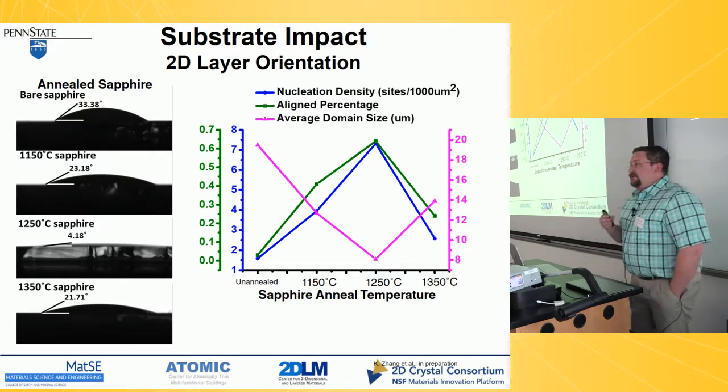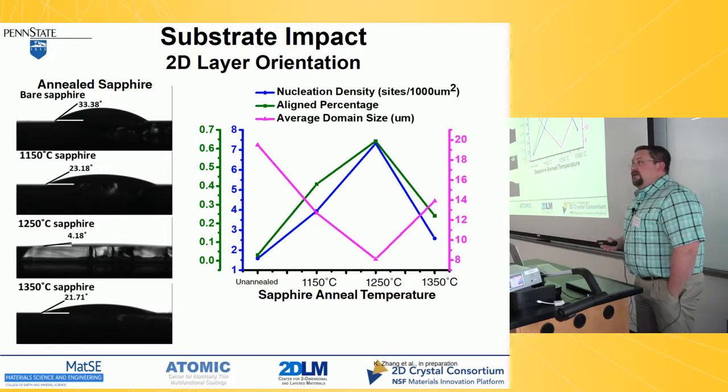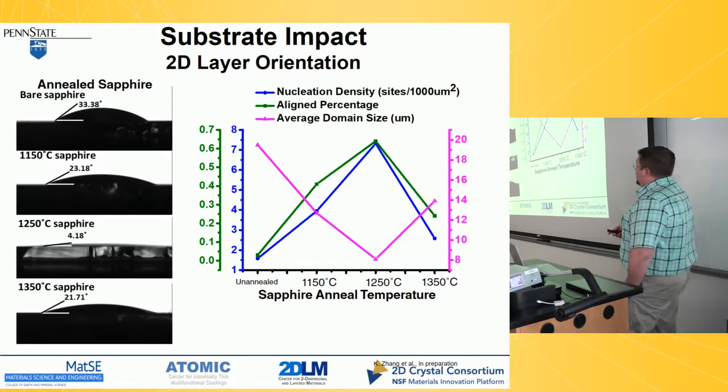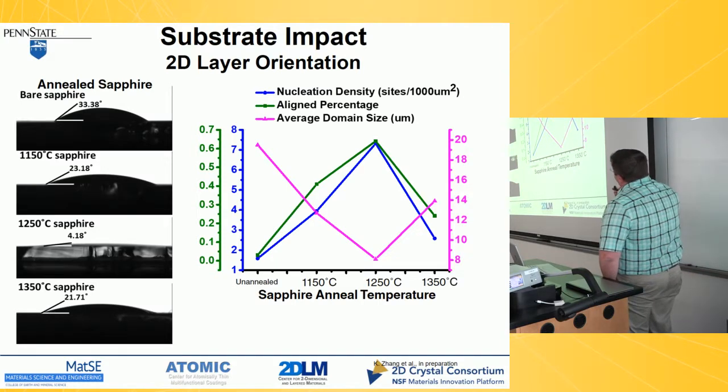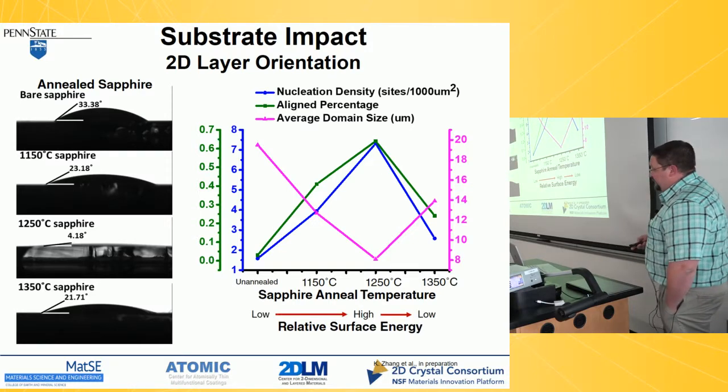So the higher the surface energy of the substrate, the better alignment, the better interaction we get with the underlying substrate. It comes back up here at 1300, everything drops back down. So, relative surface energy, high-low.